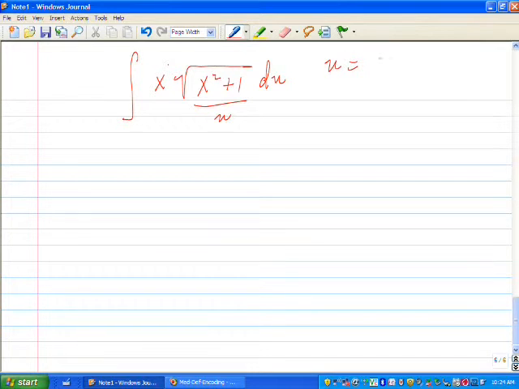Another example, suppose we had the integral of x times the square root of x squared plus 1 dx, and we let u equal x squared plus 1, and we get du is equal to 2x dx.